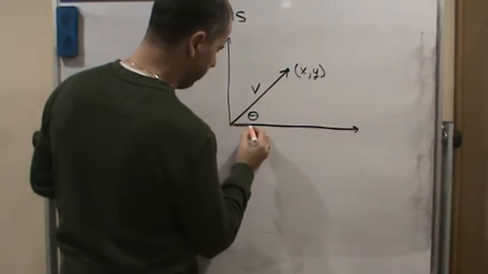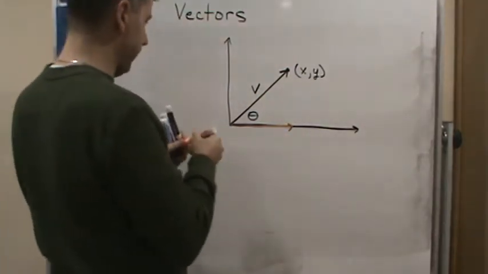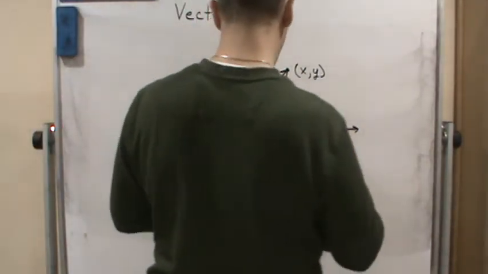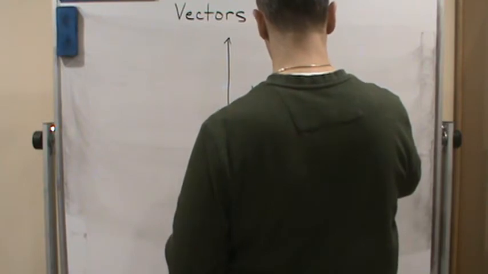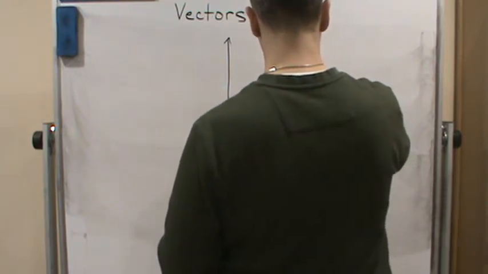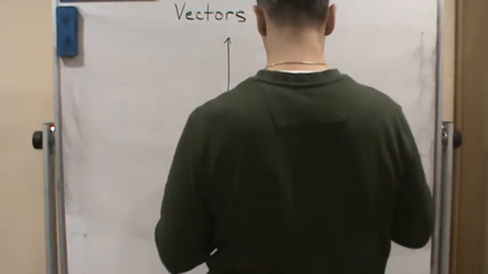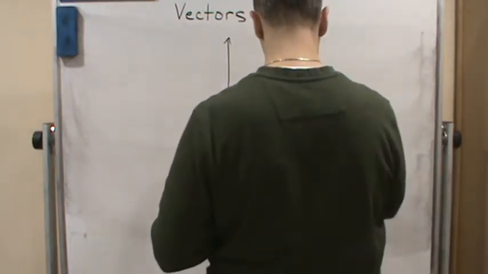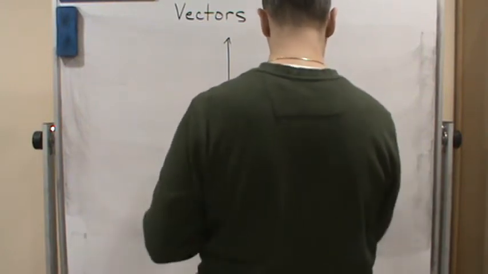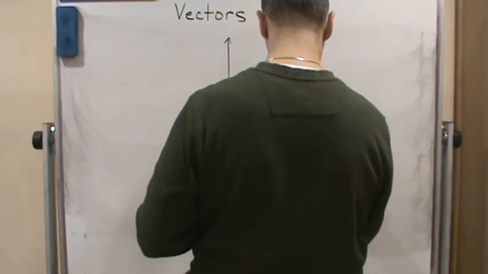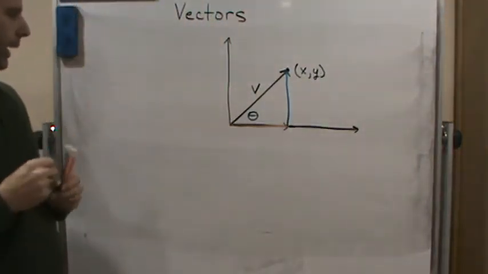So let's say we have one component vector here. Okay, like so.